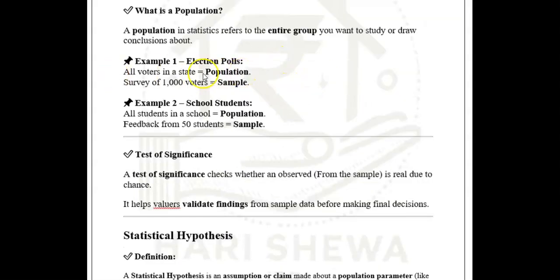Take the example of an election poll. In election polls, you have seen exit polls many times. Total voters in India are approximately 60 crores, yeah, 75 crores. From 75 crores voters, you cannot go to each voter and ask whom they are going to vote for.